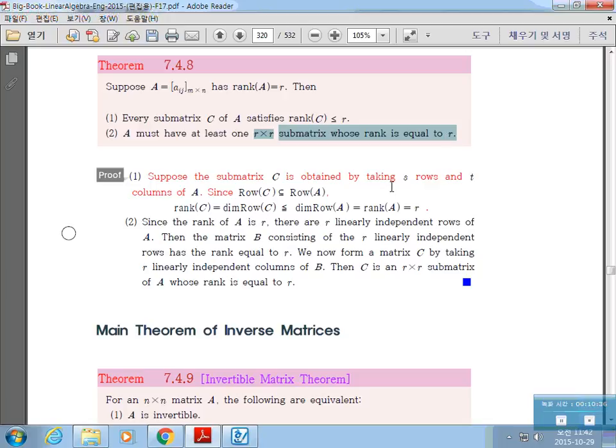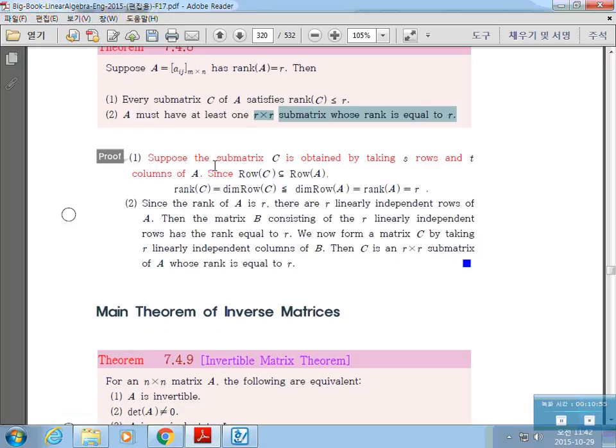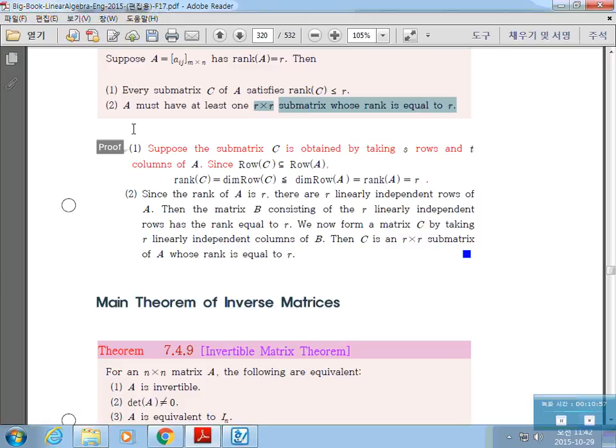So suppose you have a matrix whose rank is R. Then you can choose linearly independent rows and linearly independent columns and form an R by R submatrix. Then its rank is R, isn't it? That's the second part. Okay, here is the proof. The rigorous proof here.